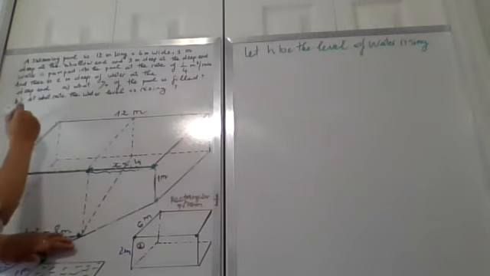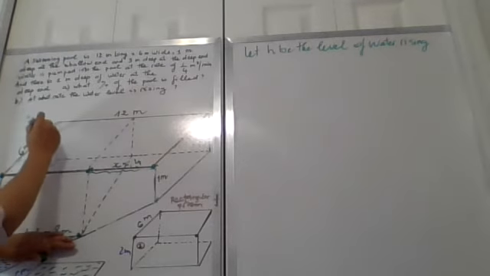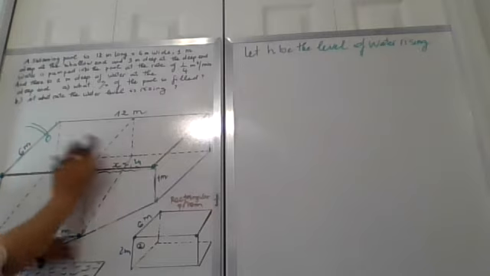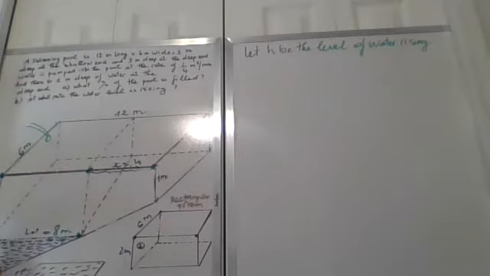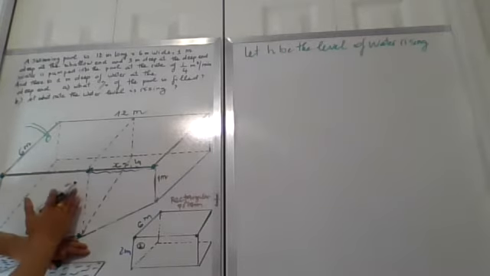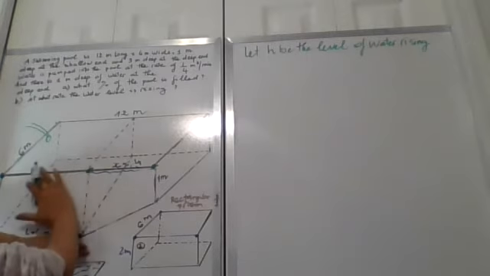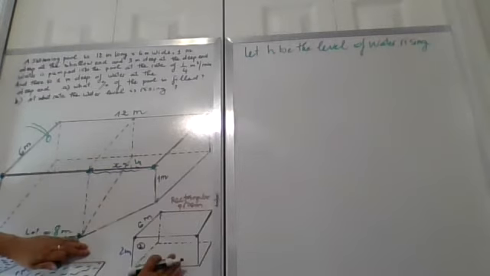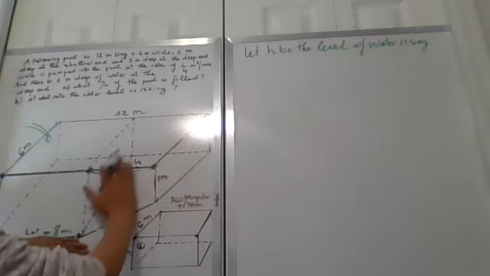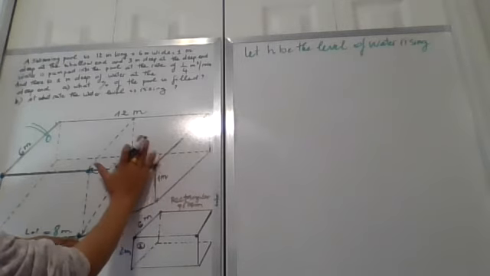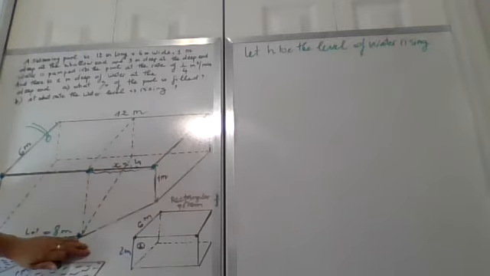Now we're talking about water coming in, right, with the new water. So we have to totally cut off this triangular prism. We don't care about that anymore. So we are left with the remaining part of the pool, this big figure here, the rectangular prism, which I call figure 2, and the trapezoidal prism here on the right hand side, which I put down here. This is the trapezoidal prism, and I call it figure 3.